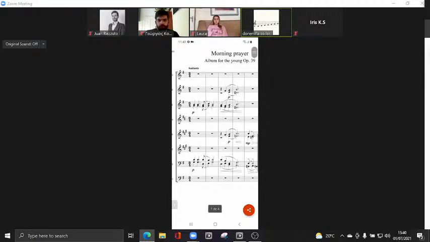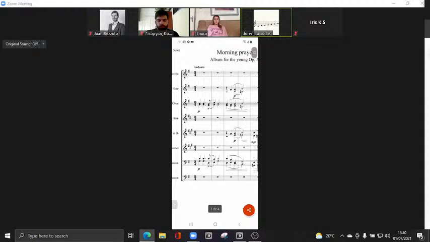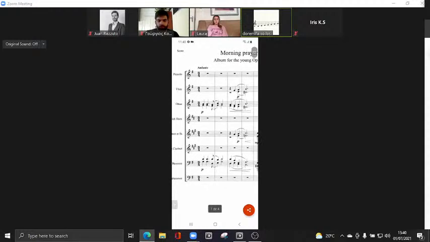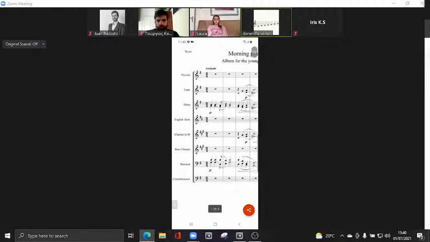The clarinets there are playing the same as the oboe. So you have to think of the transposition, see that the clarinets have a different key signature than the rest of the instruments, and the English horn also, because it is a transposing instrument.